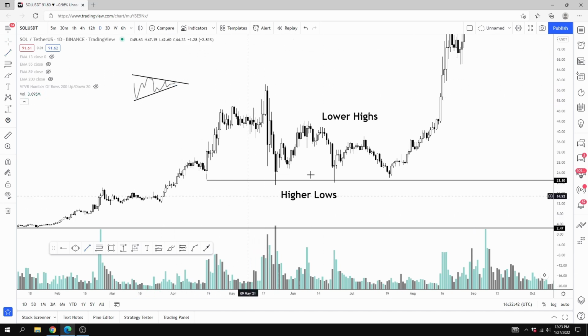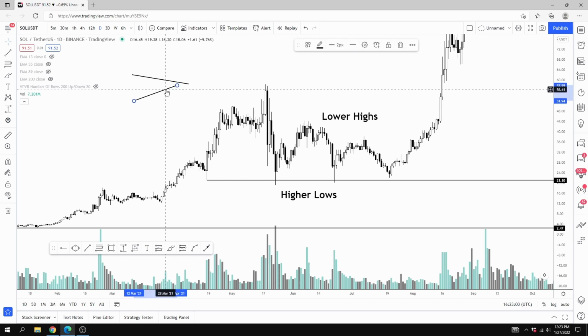To a degree, obviously this wasn't so pronounced, but you'll get some consolidation where price, and you still see volume drying up as well. But yeah, you'll get some similar type of patterns like this for very bullish coins.